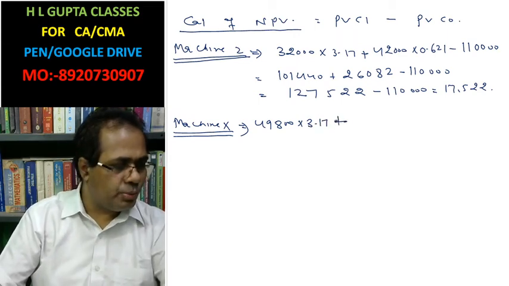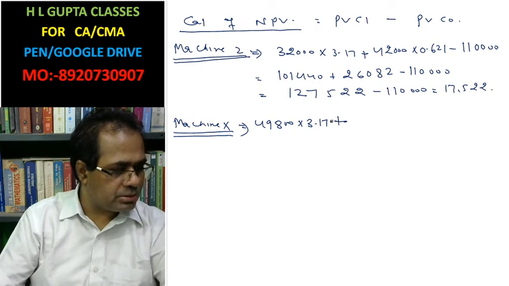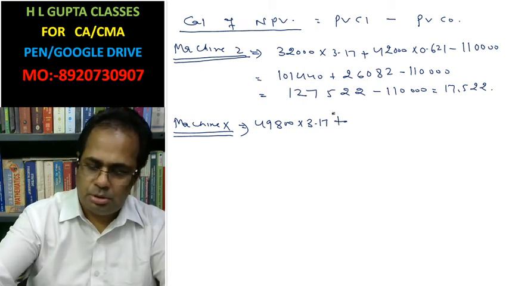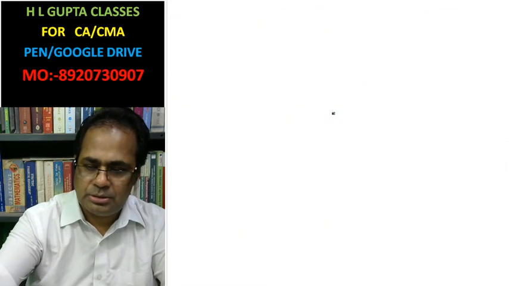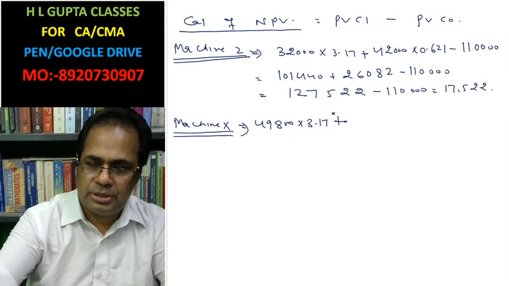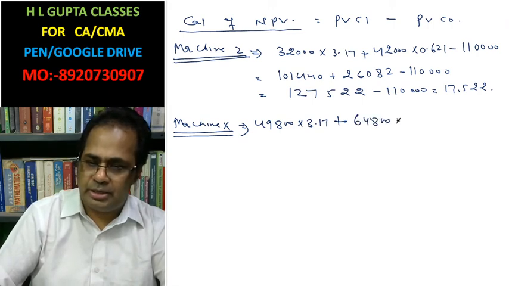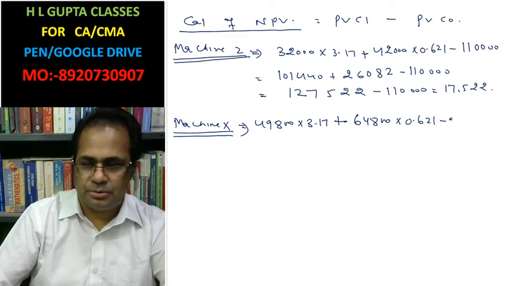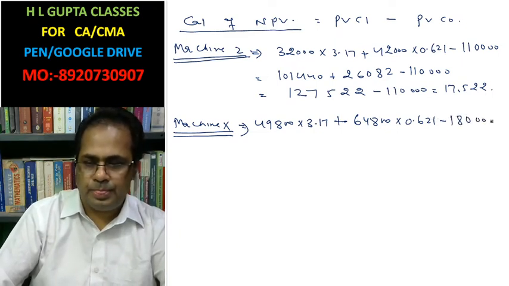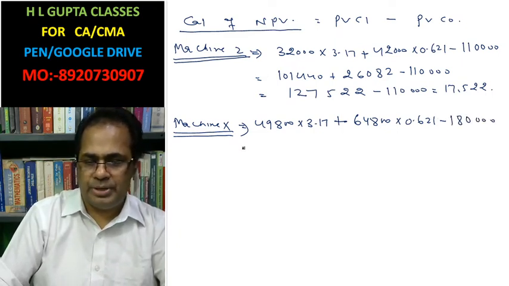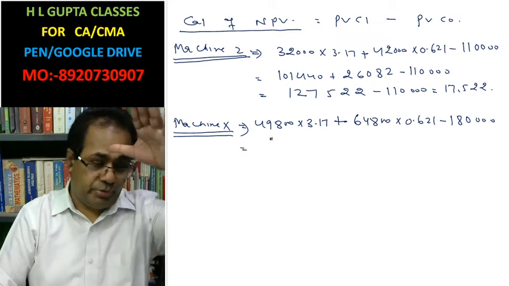Terminal cash inflow we have is 64,800. 64,800 into 0.621 minus 1,80,000.